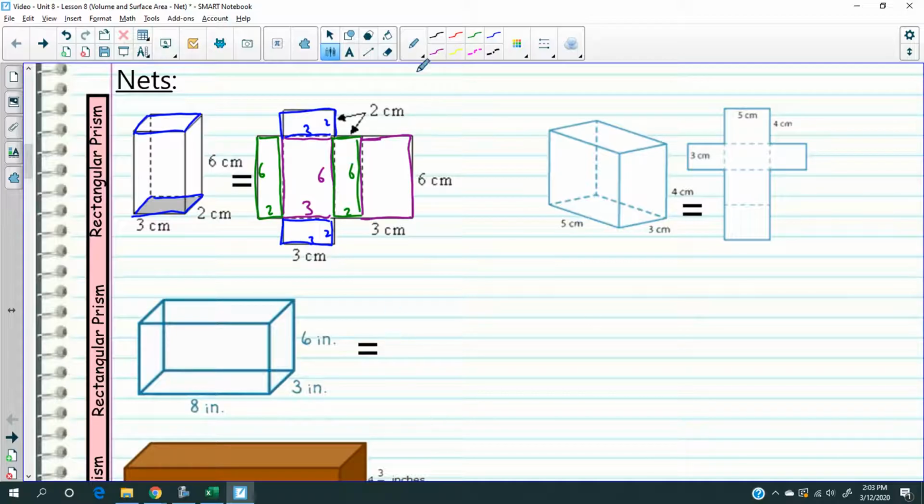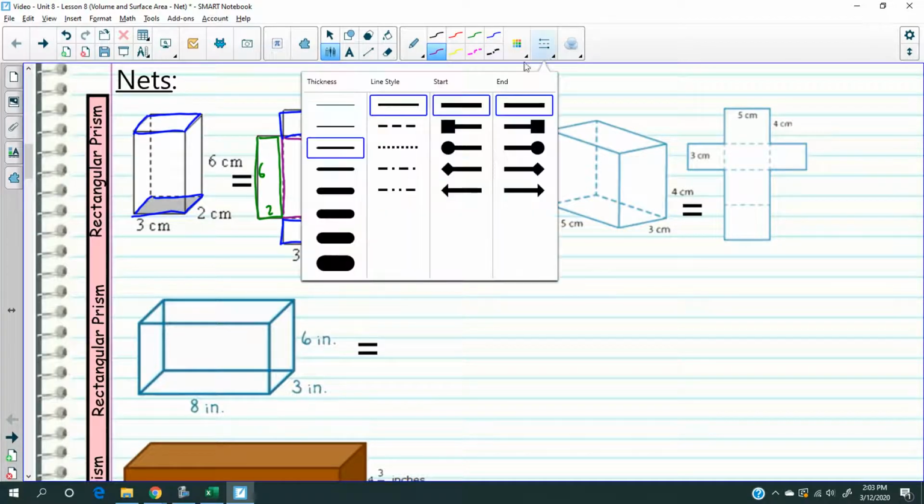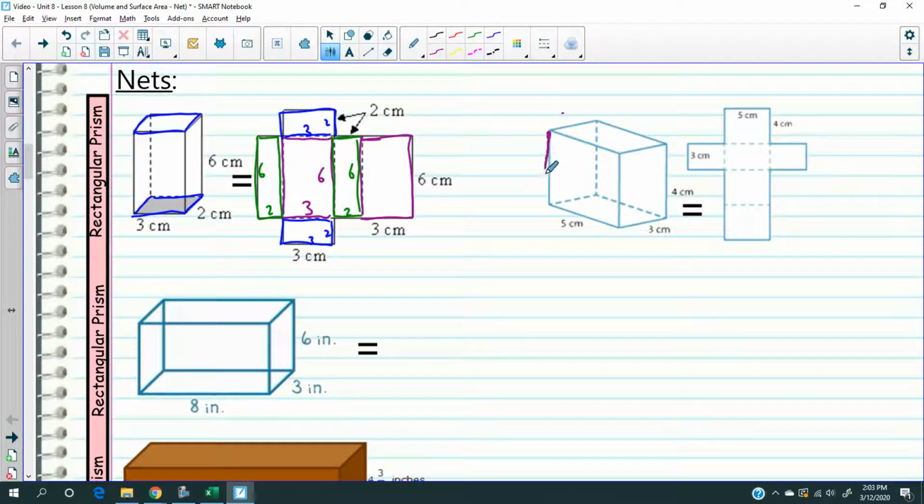Okay, so let's try one more together. Now, look at this. Let's take care of these big sides first. So here we got a 5 by 4, right? Because this says 5 here, this says 4. So it's a 5 by 4 size.